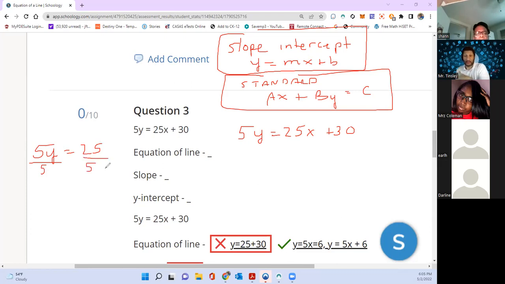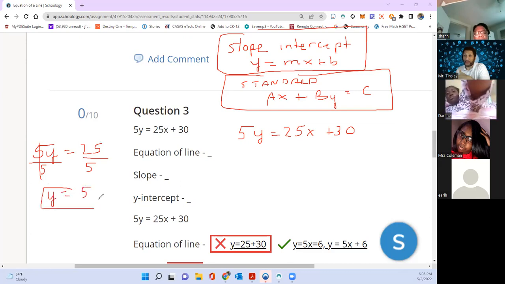So y is equal to 5. That's a one-step algebraic equation, and that's the same thing we want to do here. We still want to get y by itself, so we want to divide by 5, and we must also divide everything else on the other side of the equation by 5.